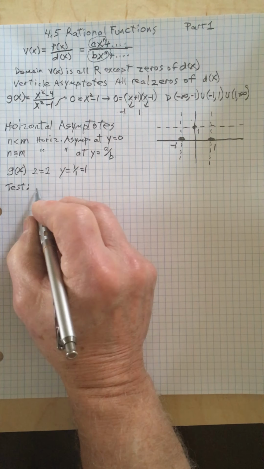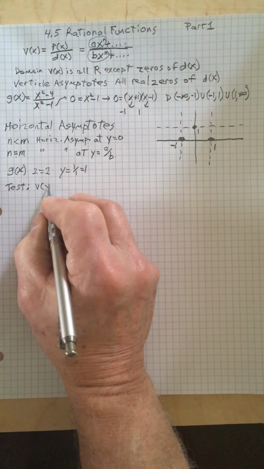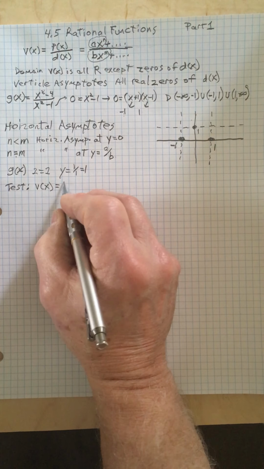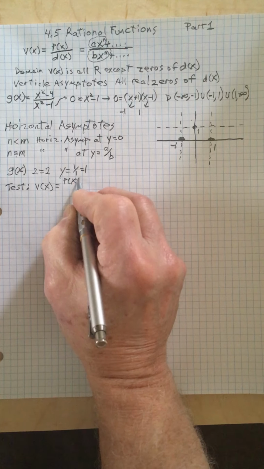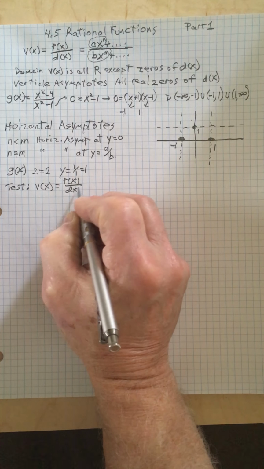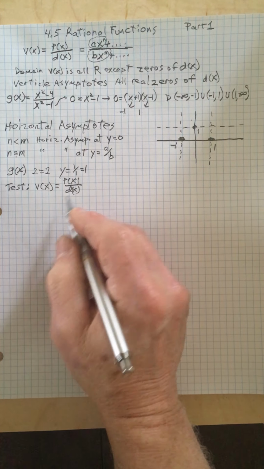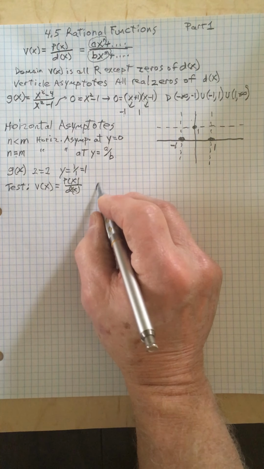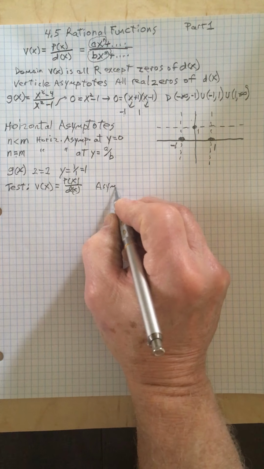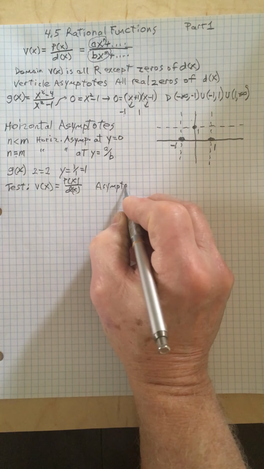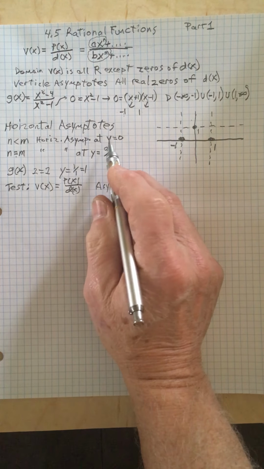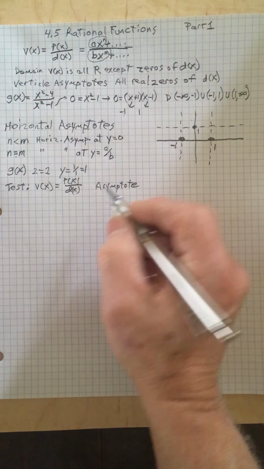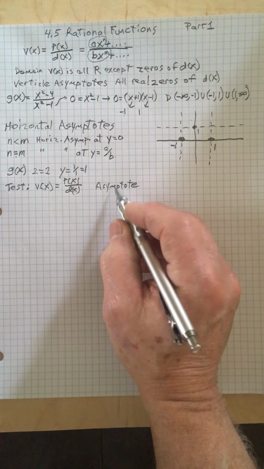What you want to do is, you've got your v of x equals p of x over d of x. And the test is easy. For v of x, put in the asymptote value. In other words, if we had a value of y equals 0, then we would have 0 here.